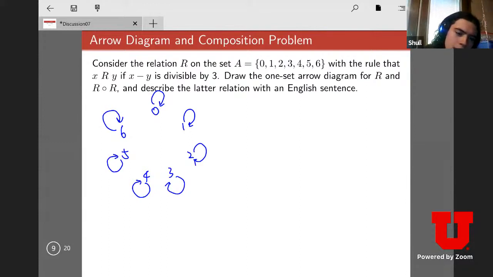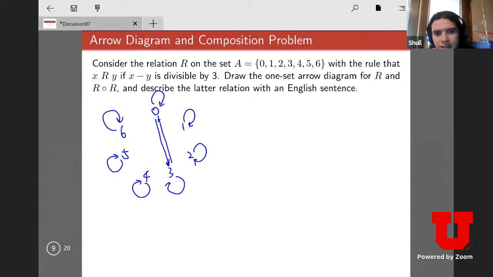Now let's consider all the other options, when the two elements are different. 3 minus 0 is 3. 0 minus 3 is -3. That's also divisible by 3, right? So we have arrows going this way and arrows going that way.